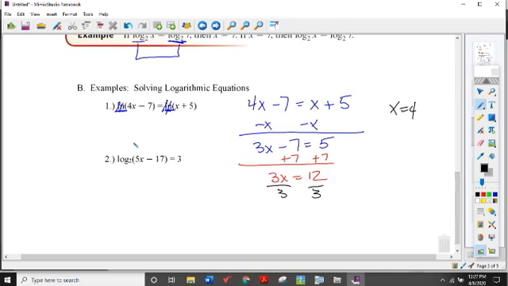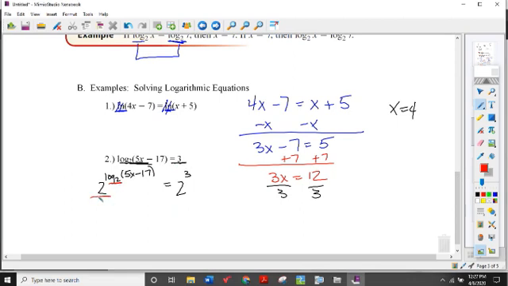All right, and for the next example here, note that I don't have the same log on both sides, and this is supposed to read log base 2. It's kind of hidden in there. So I'm going to use that property that exponentiating undoes the logarithm. So this is log base 2, so I'm going to exponentiate by raising each side to the power of 2. So what's written here becomes the exponents and the base becomes 2.